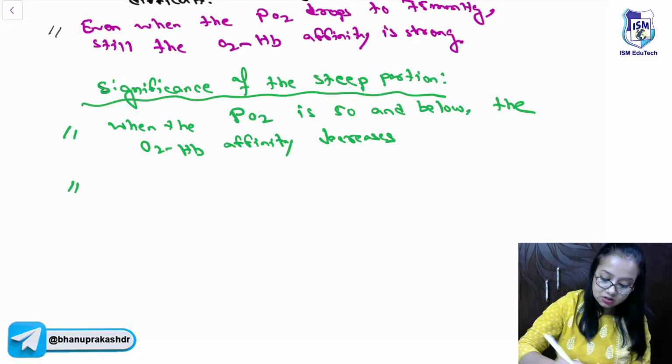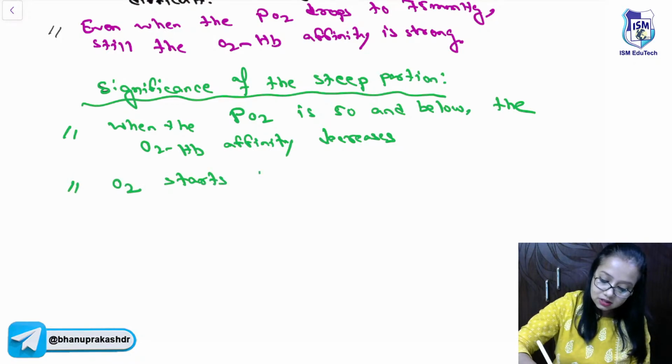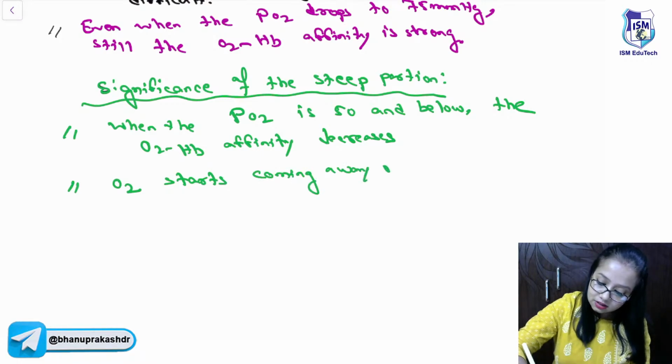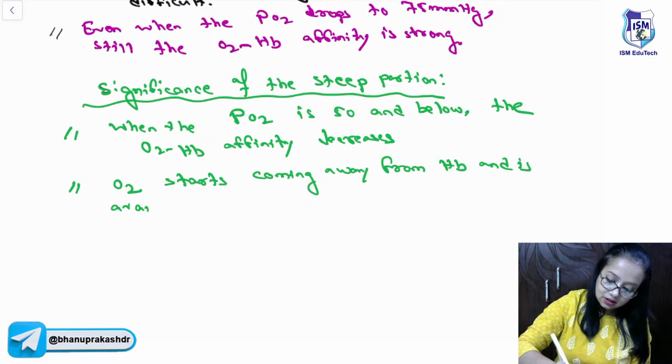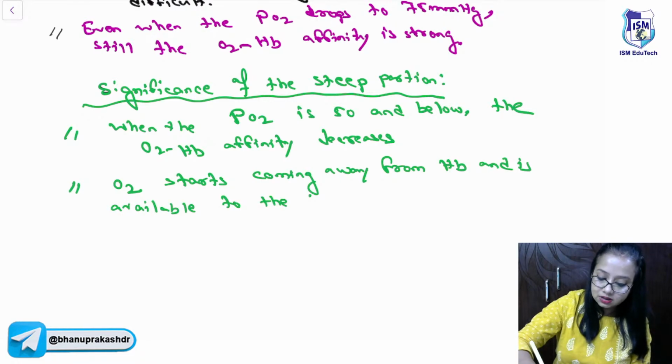And when it starts to decrease, oxygen starts coming away from hemoglobin and is available to the tissues.